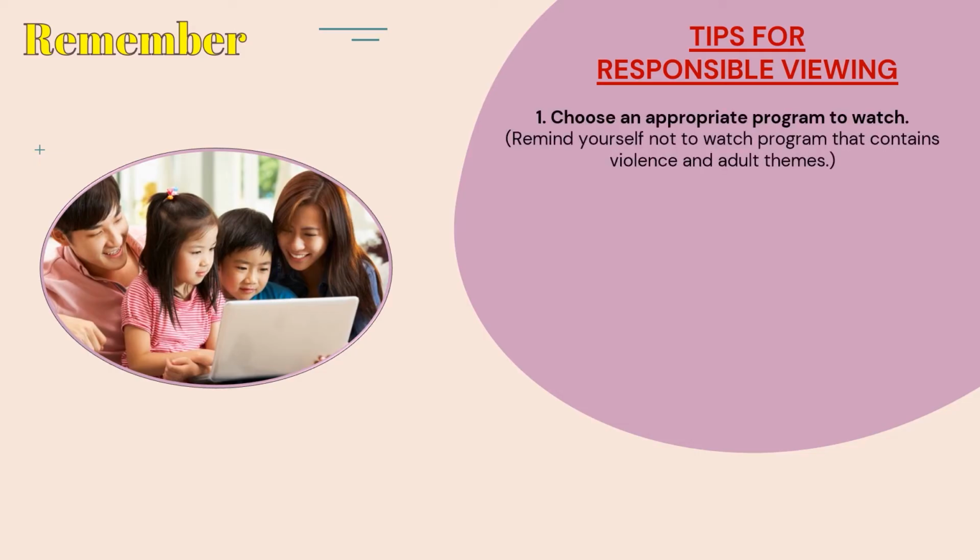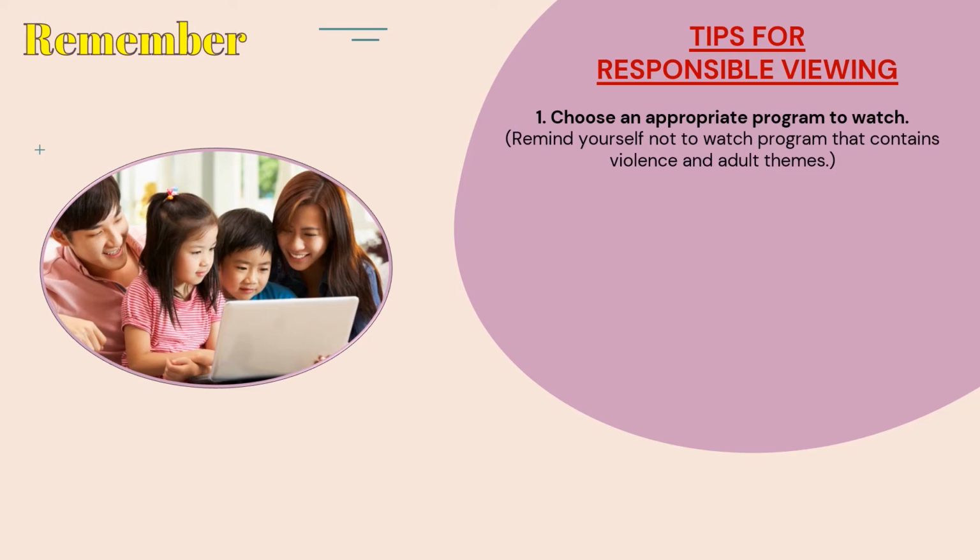First is choose an appropriate program to watch. So here, we should remind ourselves not to watch programs that contain violence and adult themes. Kasi we're just students, no? You are on your age.